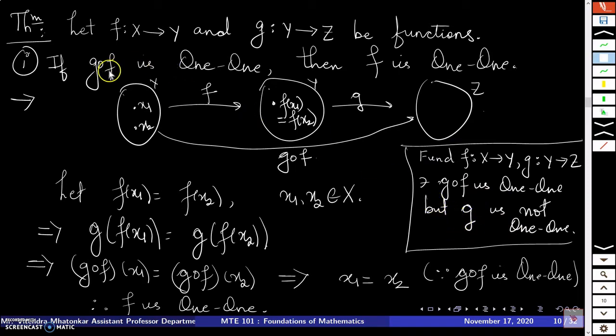We showed that f is definitely 1-1, but g need not be 1-1. So you'll have to construct an example which satisfies this. I will leave that as an exercise. Moving on to the next one.